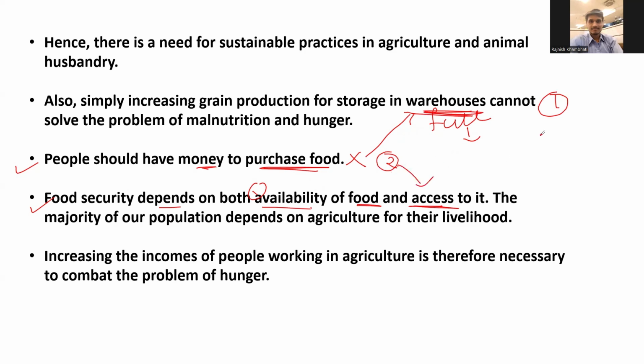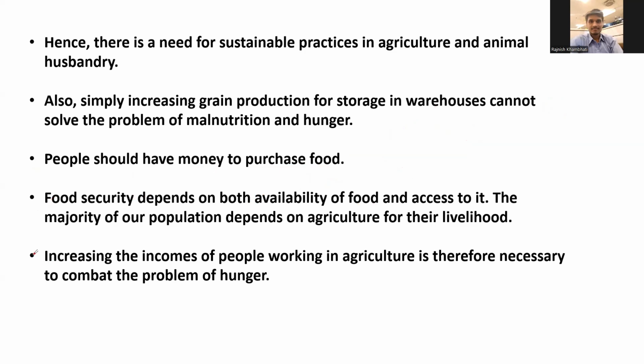This is called access, and this is availability. People should have money to purchase the food, that is access. What if people do not get the food from the warehouses, from the market? That is useless. Next, increasing the income of the people working in agriculture is therefore necessary to combat the problem of hunger.